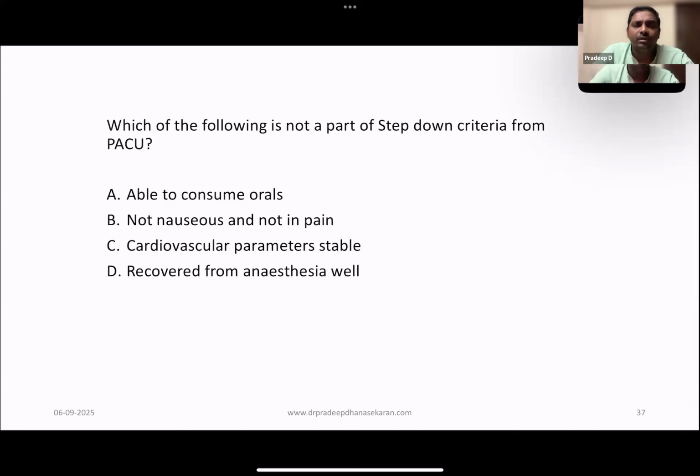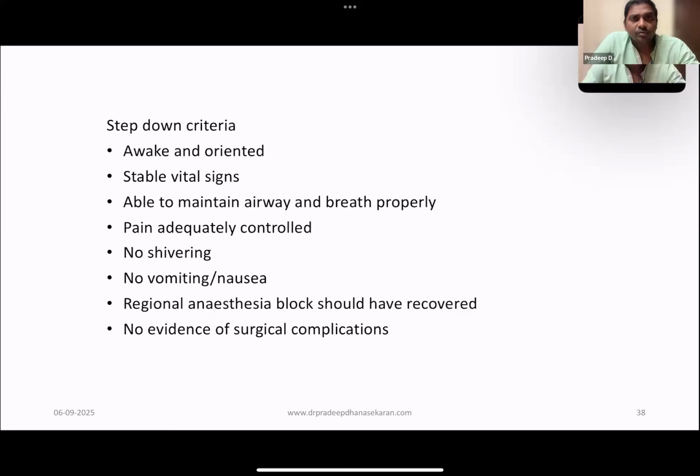Generally from PACU, we expect the patient to be completely out of the anesthesia effects and have stable vitals, and not have pain, or the pain can be managed with medications, and not be nauseous. Able to consume orals is not a criterion. Not all surgeries will require immediate oral consumption. So this is the step-down criteria.